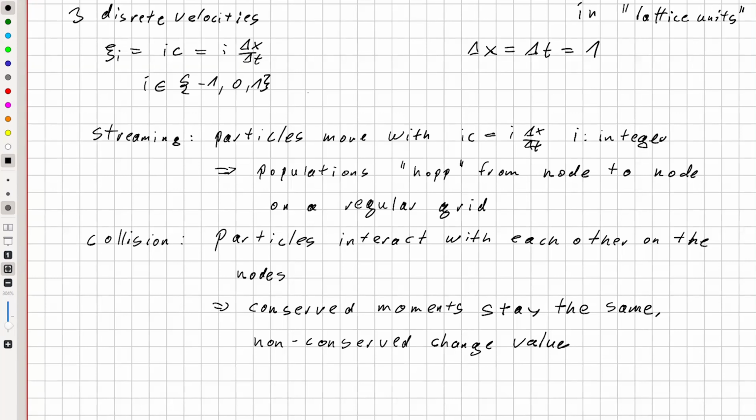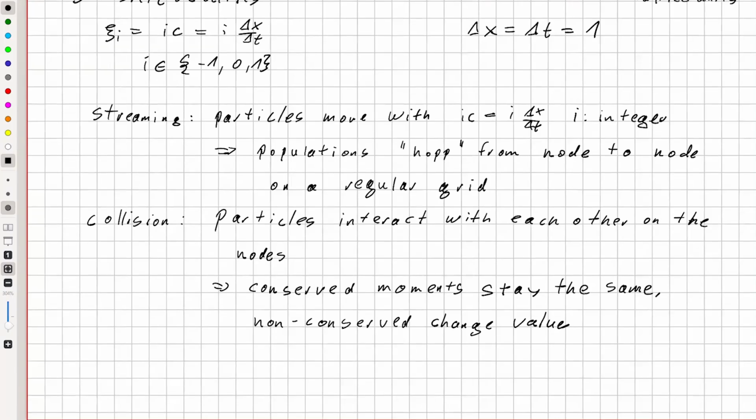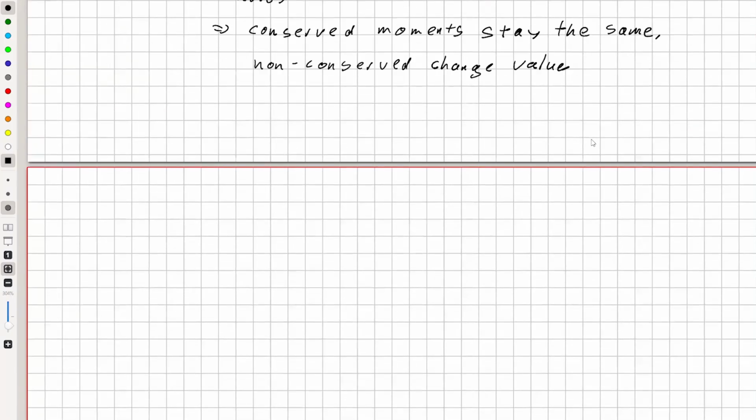So far we have only determined moments of continuous distribution functions. Now we have to deal with moments of discrete distribution functions. So we have M. This is not the Mach number. This is M index A. One-dimensional.